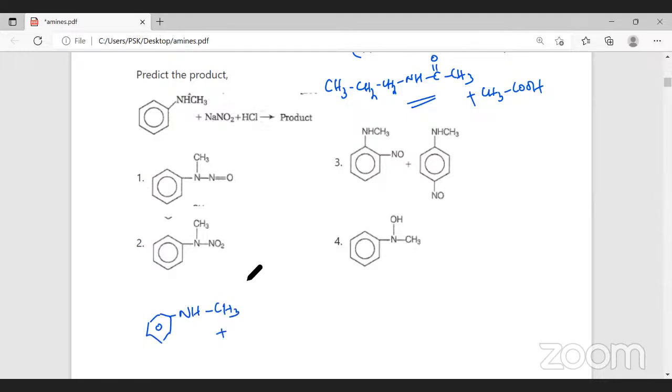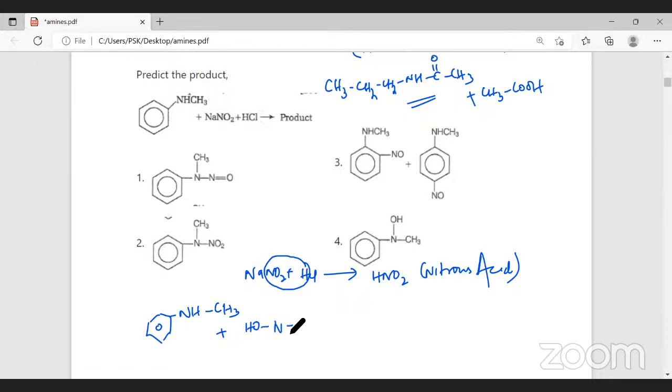Now, we should know that sodium nitrite and HCl will react to form HNO2, byproduct NaCl. This HNO2 is called nitrous acid. Nitrous acid we can represent as OH, single bond, N double bond O.